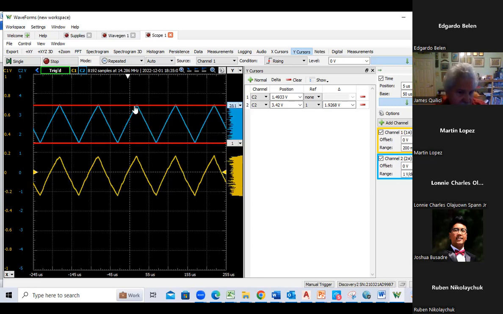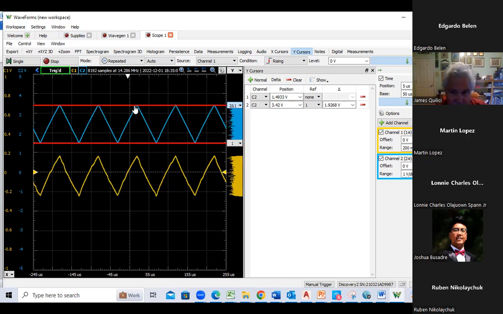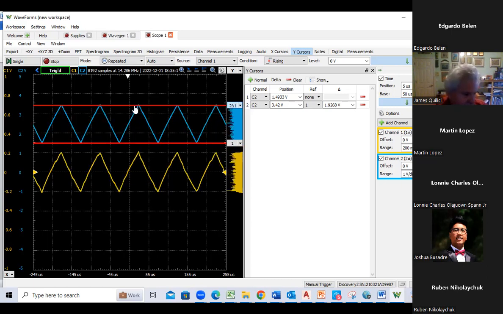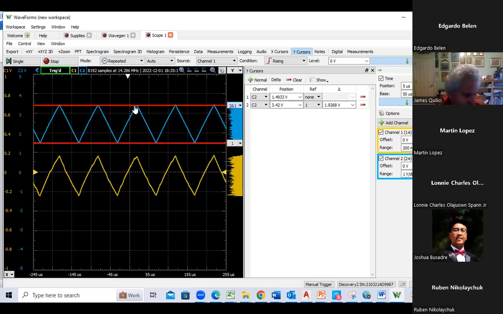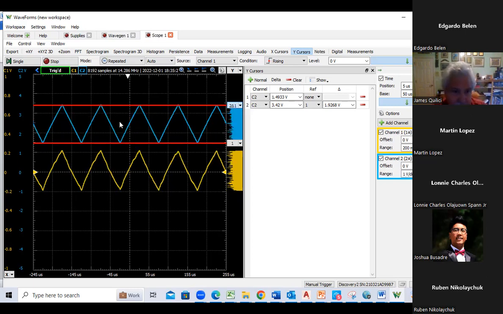And so where it essentially turns on or where it gets into its pass band. Okay, so I've got 1.92 peak to peak. And I'm going to multiply that times 0.707. And that takes me to 1.35. So when my peak to peak voltage is 1.35, I'll be approximately at the 3 dB point.